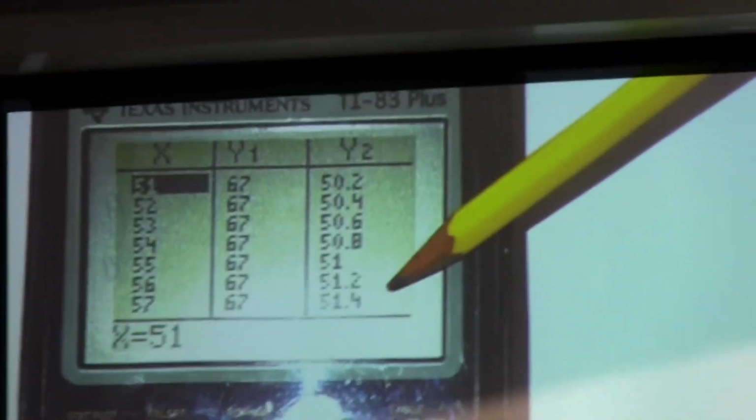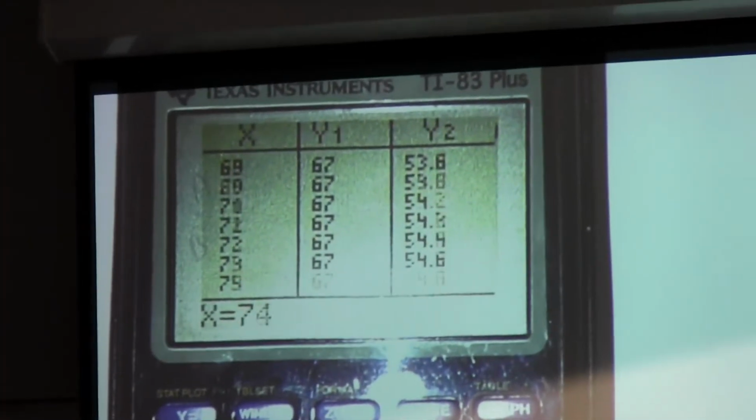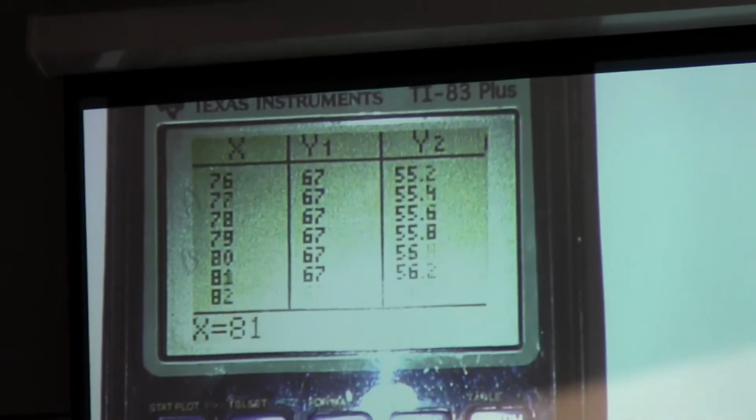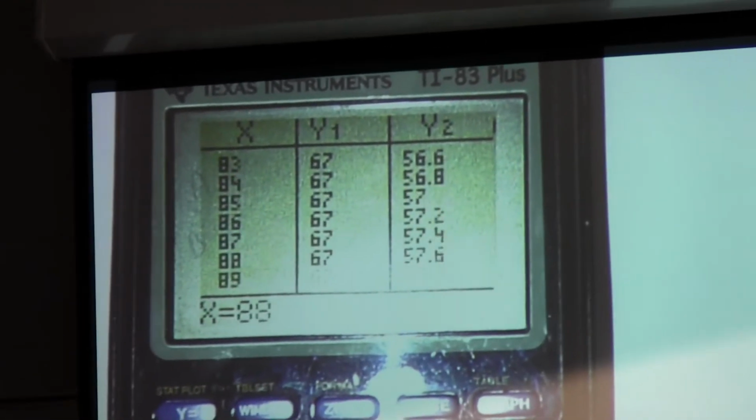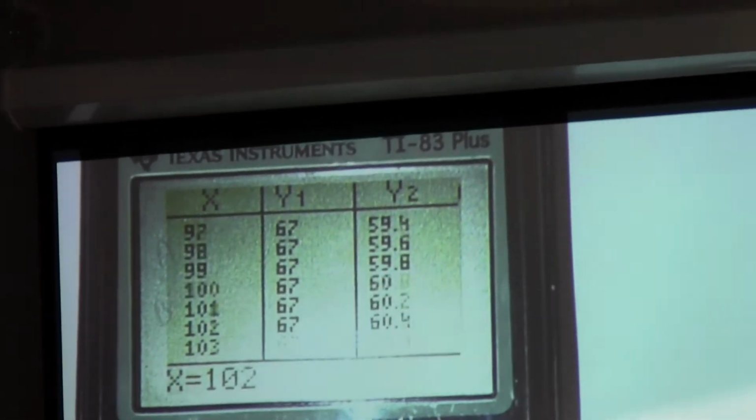The variable plan, $51.40. So what you're going to do is just scroll down until you get to a point where you see that the second plan, the variable plan, costs the same as the constant plan, or where you see that suddenly the other plan is going to be even more than the first plan.